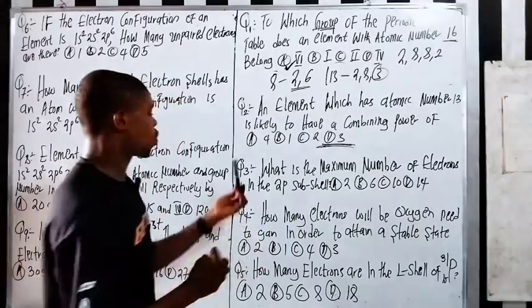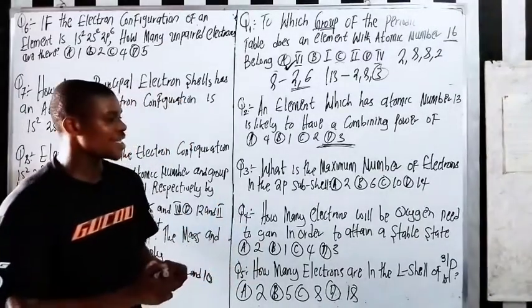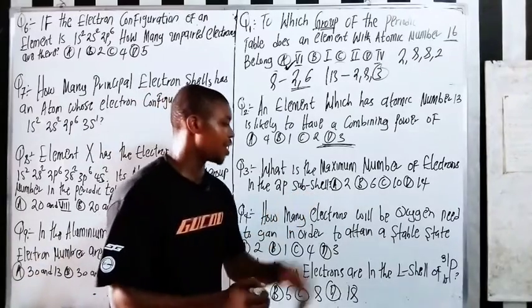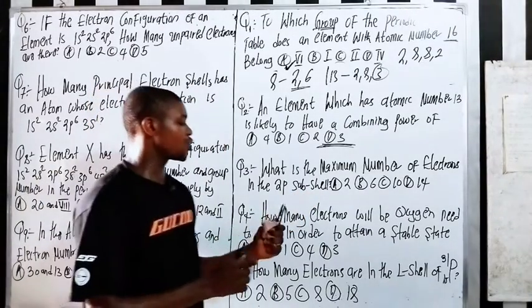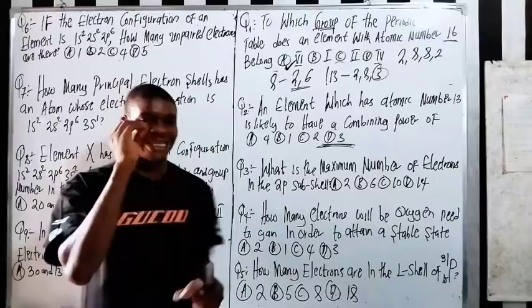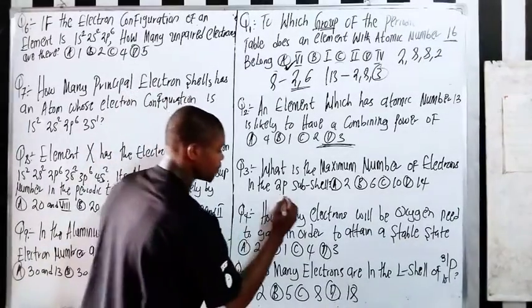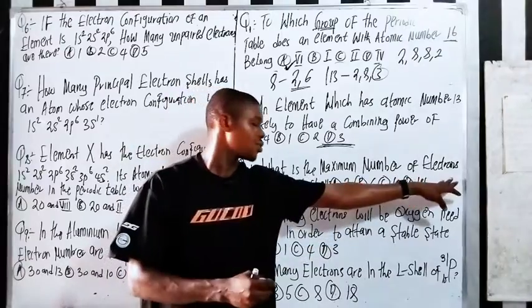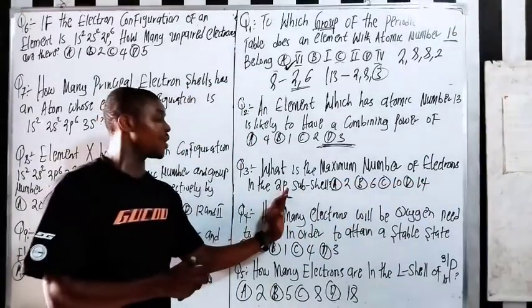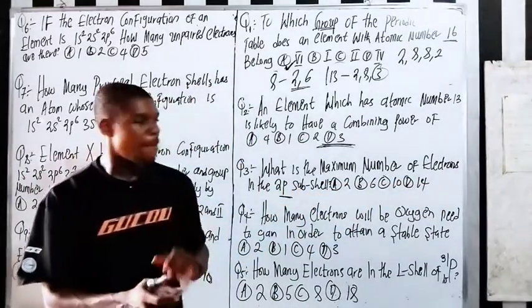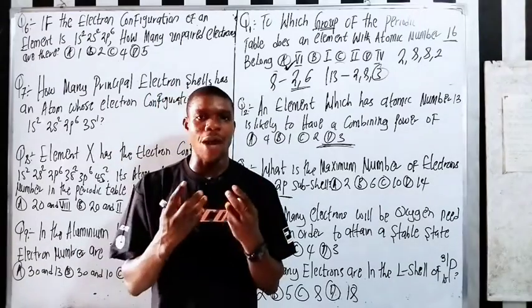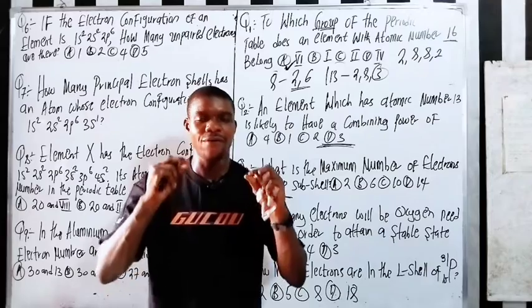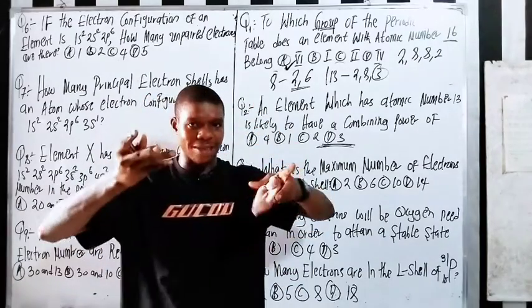So let's move to question 3. What is the maximum number of electrons in the 2p subshell? The key thing to look at is the p. In quantum numbers we have s, p, d, f. We have 4 orbitals.